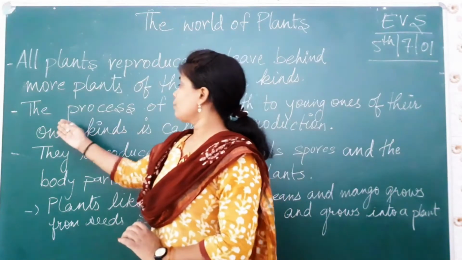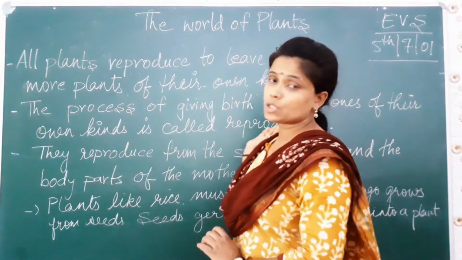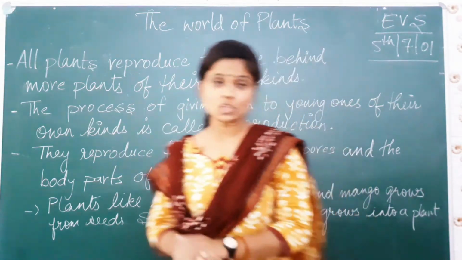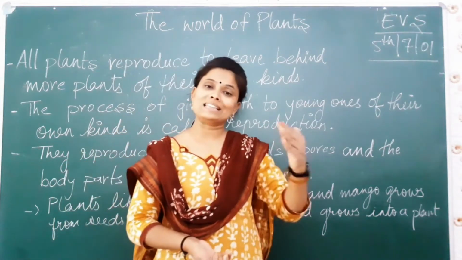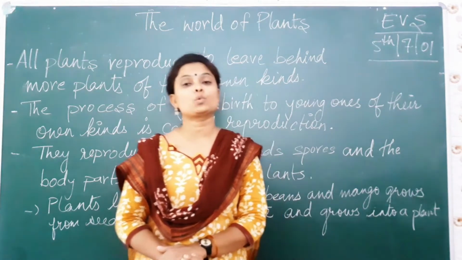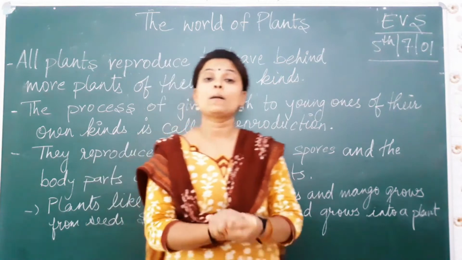Next, the process of giving birth to young ones of their own kind is called reproduction, just as discussed. They give birth to the same as they are. Neem will give birth to a neem, mango will give birth to a mango.